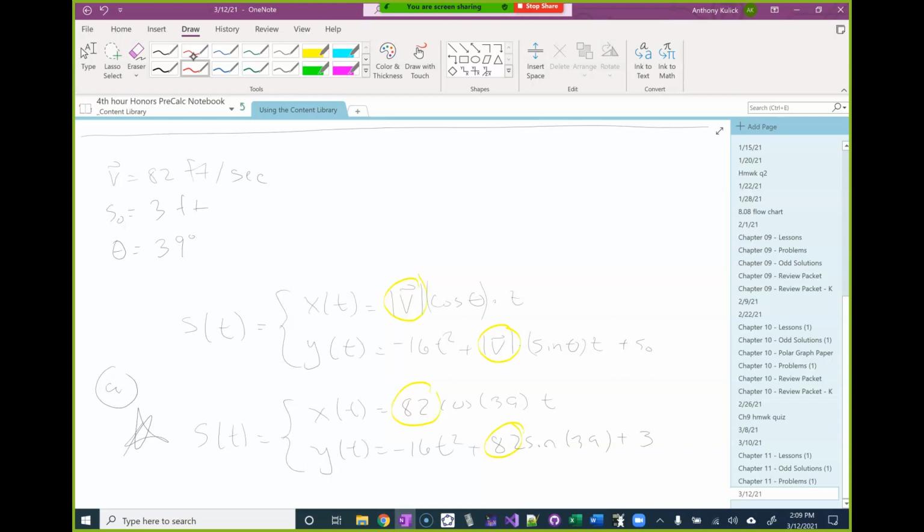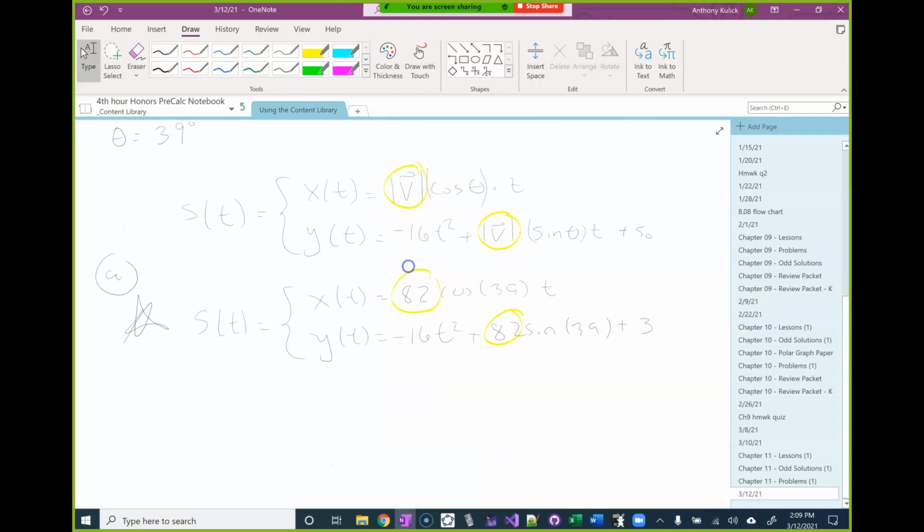What is the... Yes, that's always the same. Yes, sir. No problem. B is will the vehicle clear a 15-foot wall that is 205 feet away? Okay, pause.